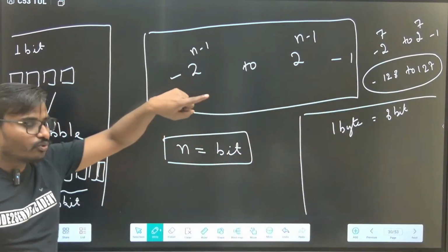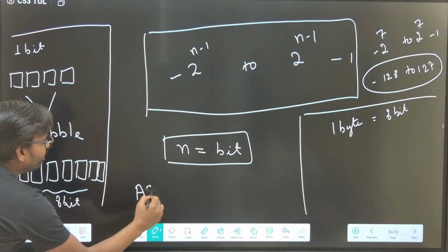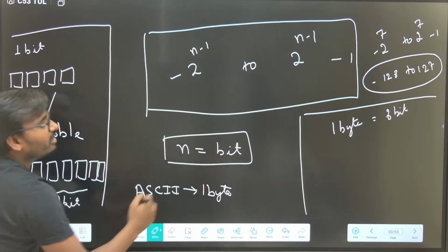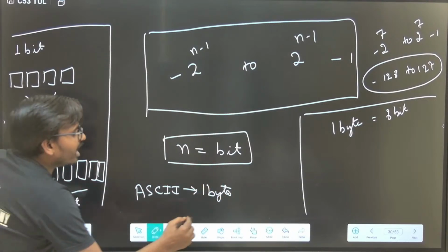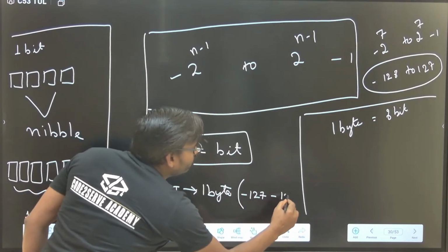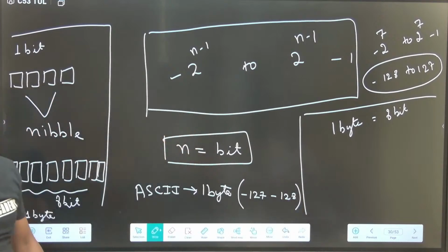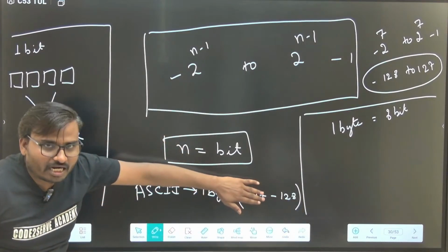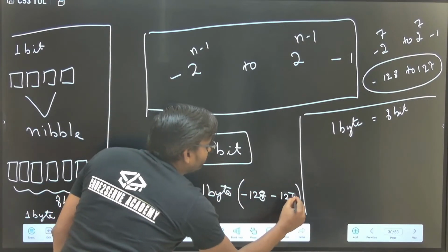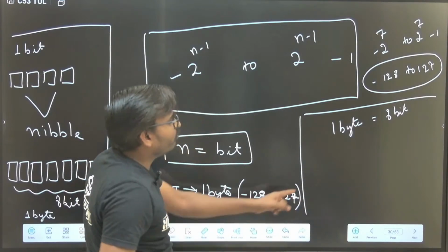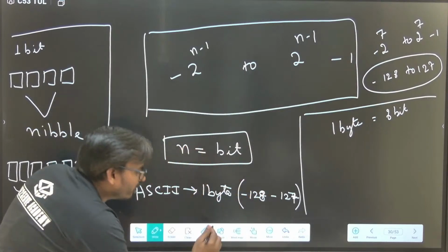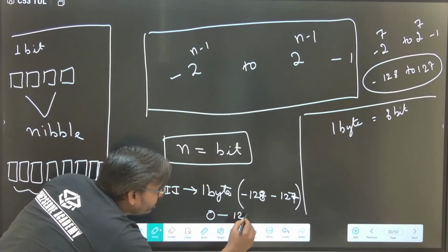So when I told you ASCII is of 1 byte, internally you have to think that the range is from minus 128 to 127. If you ignore the negative part, the range is 0 to 127.